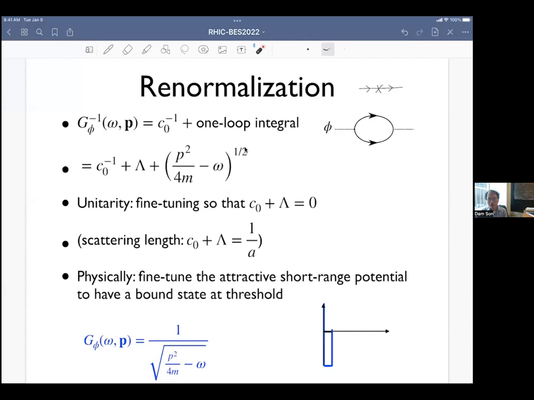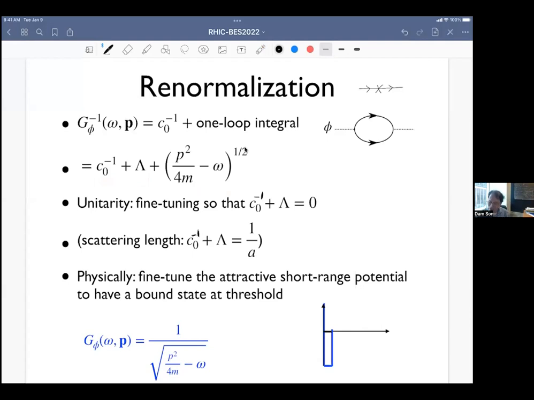p squared minus omega. The unitarity limit can be interpreted in this field theory as a fine-tuning where c naught minus 1 plus lambda is equal to 0. In general, this sum is the inverse scattering length.